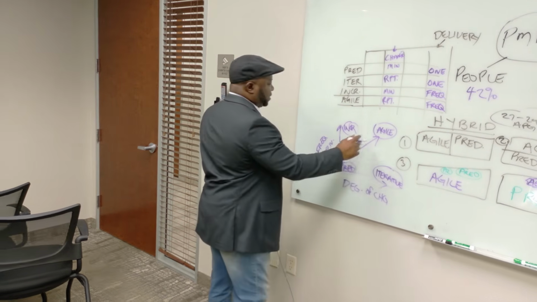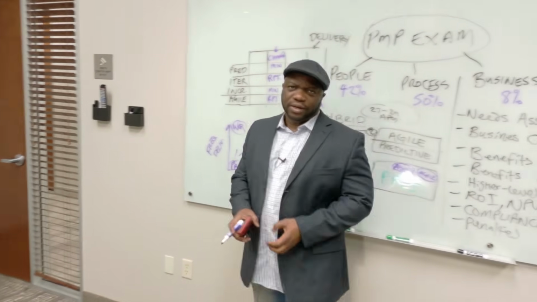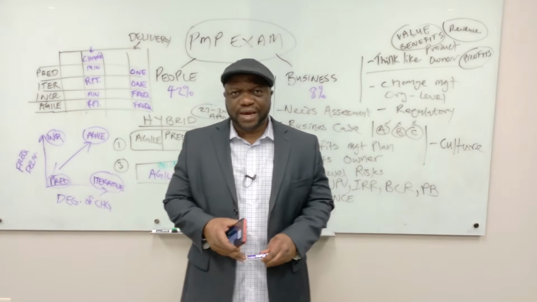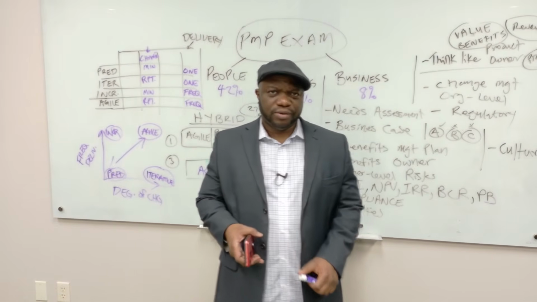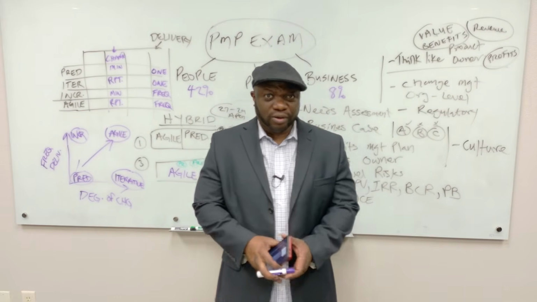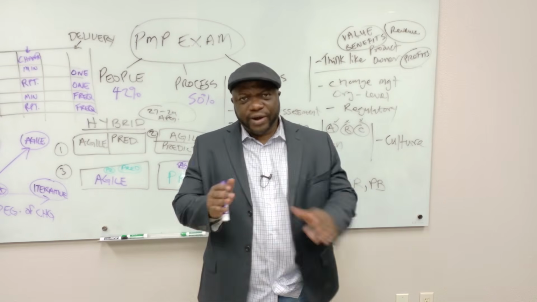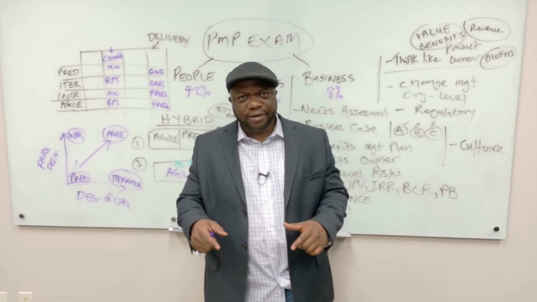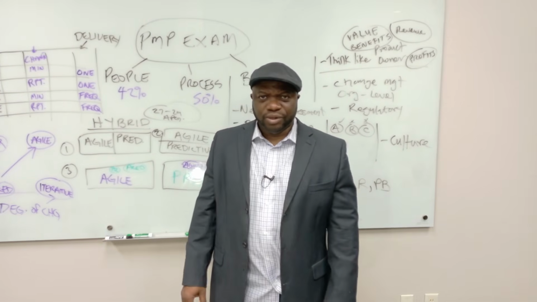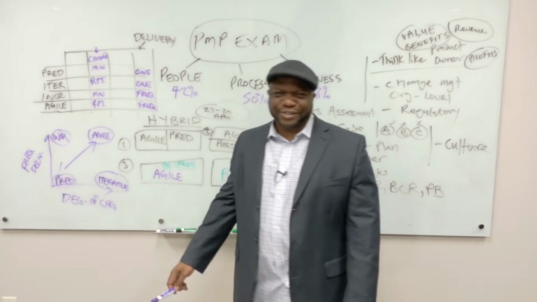So when you understand this continuum of life cycles, it helps everything come into perspective. It gives you a laser-focused understanding that predictive is a one-time delivery, frequency of change is low. When you take a look at incremental, a lot of people get incremental wrong. Incremental is a low degree of change because it's for a very well-defined product that doesn't have to change as much. That is the thesis for incremental. But if it does need to change and we do need to deliver frequently, then agile is the better mousetrap.